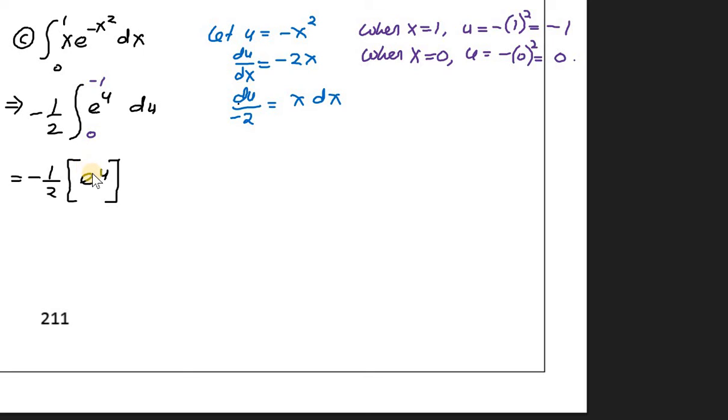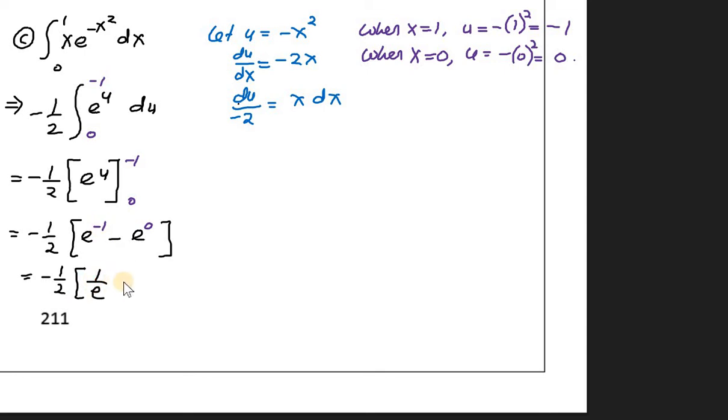For the boundary, again 0 to negative 1, we replace u with the upper boundary minus u with the lower boundary. Let me write. As we replace it, I think it's easier to integrate this time around. Let's simplify it.